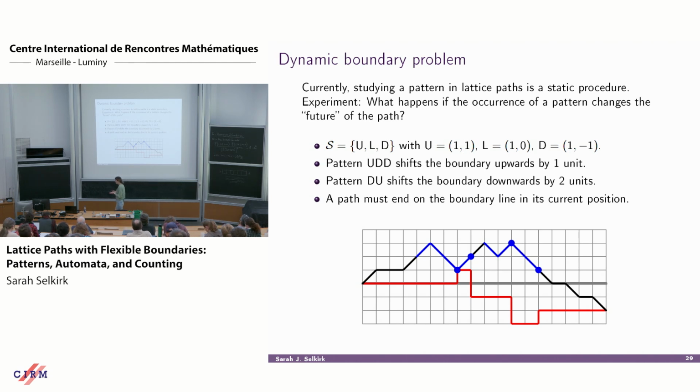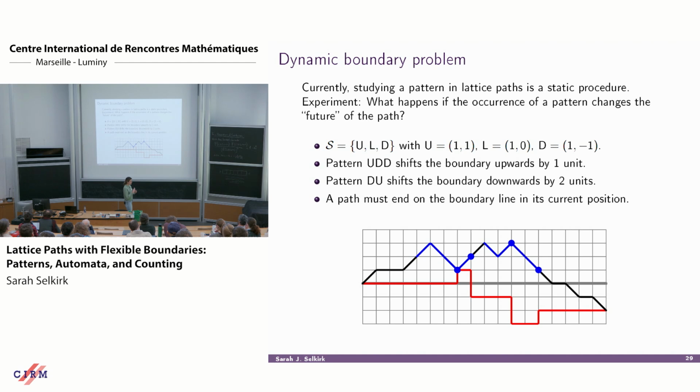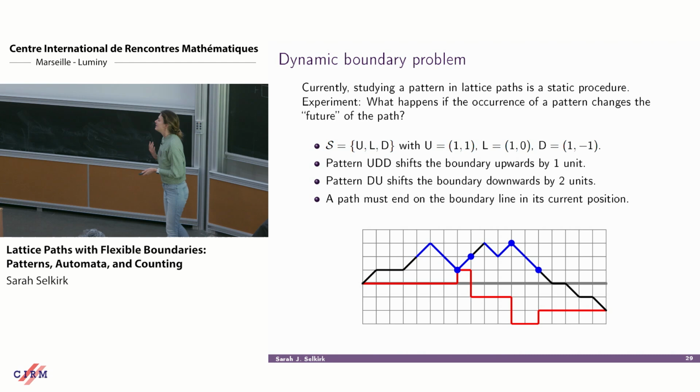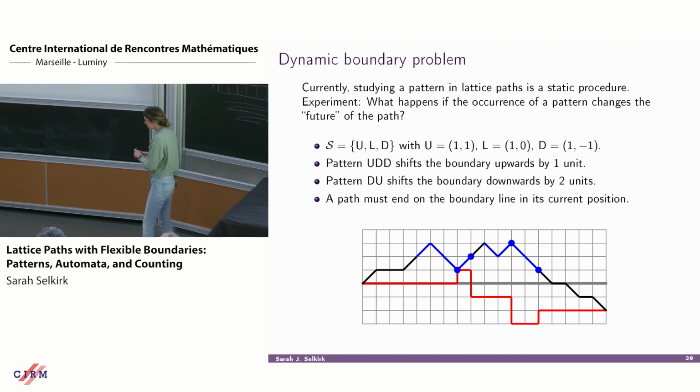So far, when studying patterns in lattice paths, you just count the number of patterns and that's it. But it's reasonably natural to ask, what happens if something happening in the lattice path then triggers something changing in the future of the lattice path? And that's where this concept of a dynamic boundary comes in.